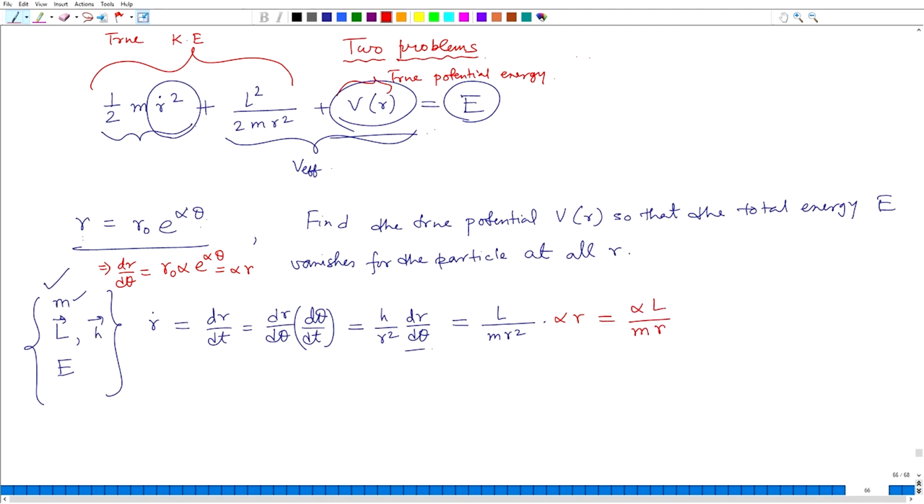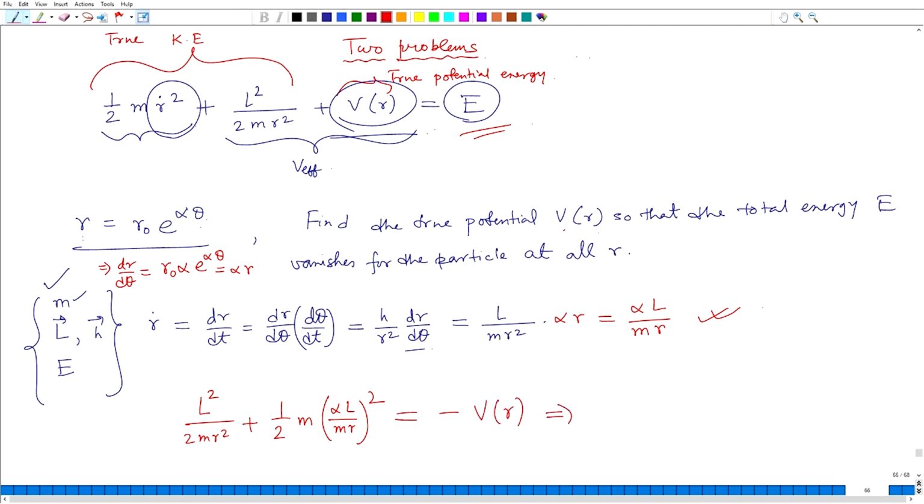Now, we have all the elements for our answer. We can now write what V of r will be. Since the total energy vanishes, L square by 2 m r square plus half m r dot square, where r dot is alpha L by m r, whole square, will be equal to minus V of r.